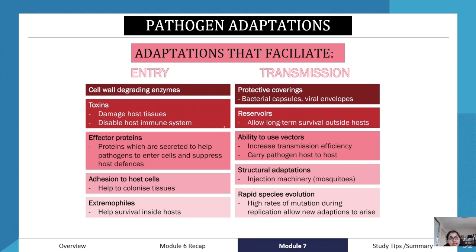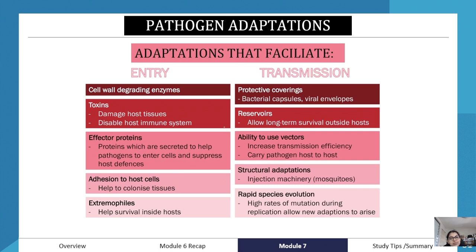So effector proteins are proteins which are secreted to help pathogens to enter the cell and suppress their host's defenses. And in the case of COVID-19, effector proteins are used in order for the virus to get into the host membrane through fusion. Obviously there are so many different proteins involved, but that's one of the ways in which it happens.